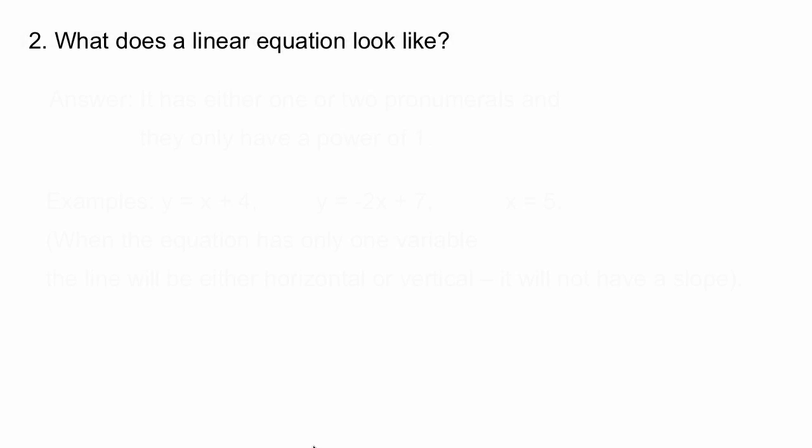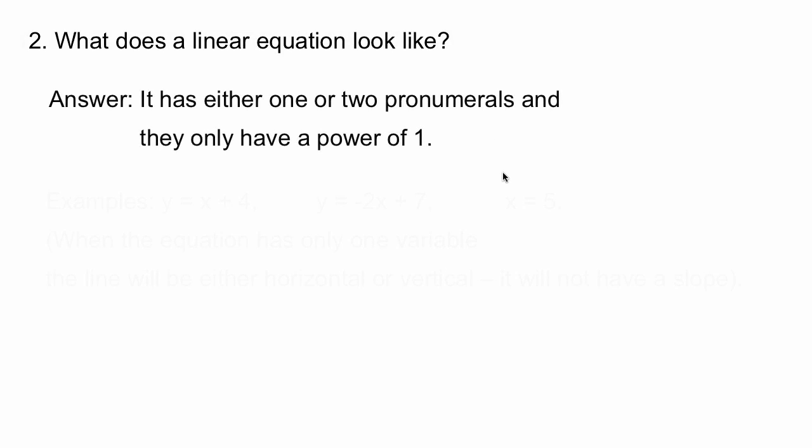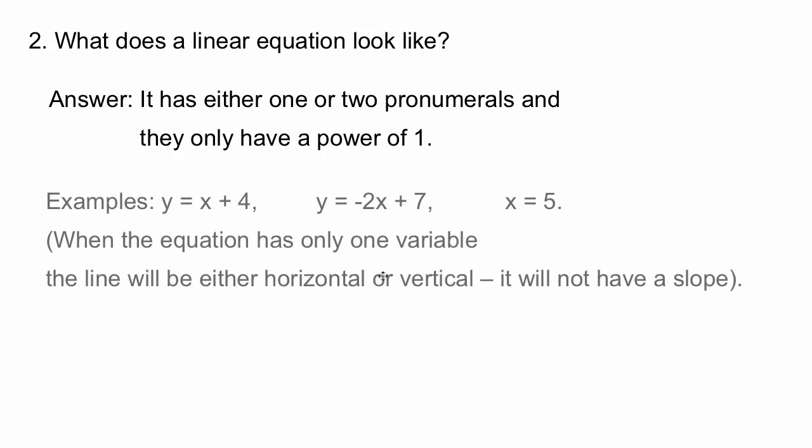So what does a linear equation look like? And the answer is that it has either one or two pronumerals, that's letters, and they only have a power of 1. So the way we need to understand this is by looking at a few examples. Here are 3 examples of linear equations, and you'll notice that this has got 2 pronumerals and they have a power of 1.